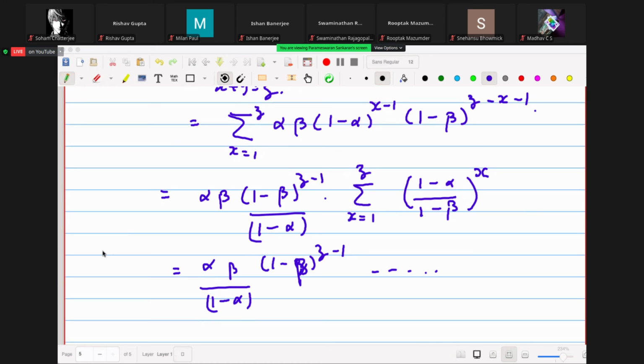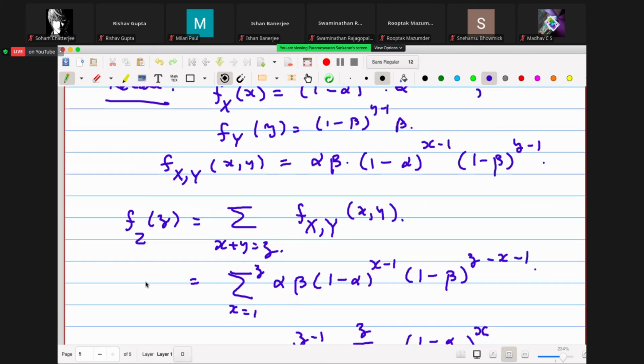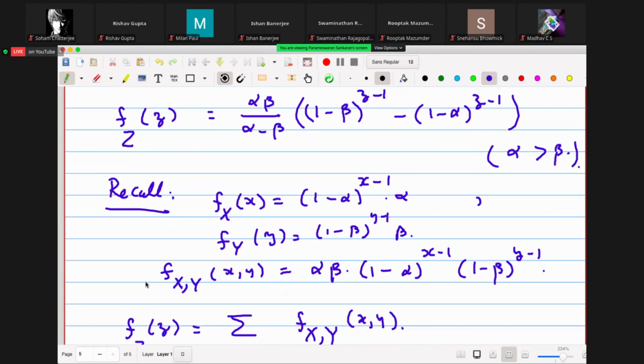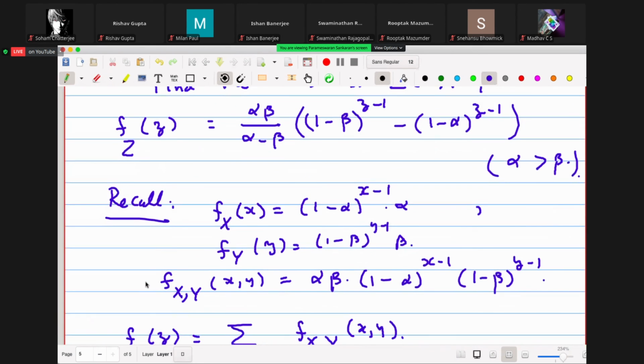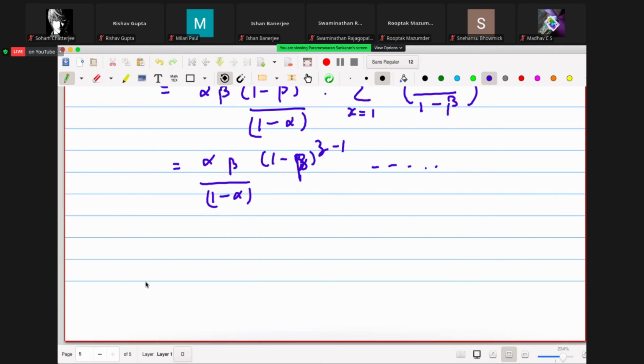Do this as an exercise. You will complete it, and I told you what the answer should be. It's very simple, it's just a geometric series. When you sum and then simplify, you should get this answer. Now let me state the next problem, and you will do it at home.